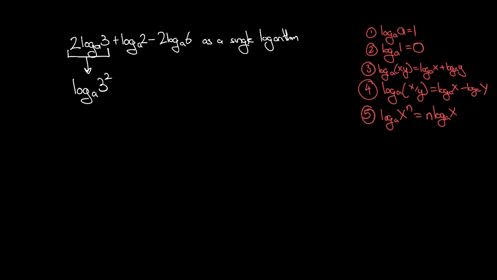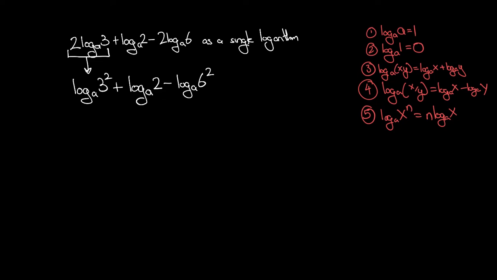Now let's try the next one, log base a of 2. There's really not much that we can do with that one, so that stays as log base a of 2. But what about the next one? That's minus 2 log a of 6, which is minus log base a of 6 raised to the power of 2.